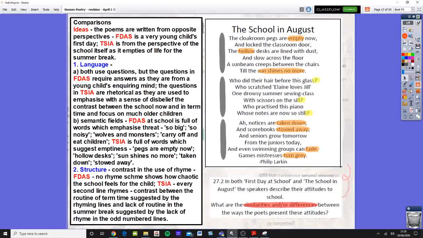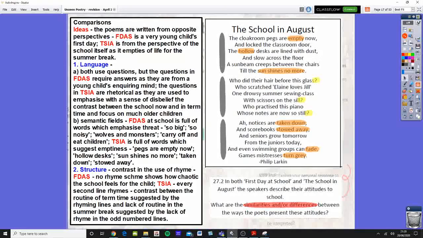Now, I always suggest to classes that when you're in the exam, if you can possibly talk about a structural feature, that is a good thing to do. Now, the obvious thing about these two poems is they both consist of 3 stanzas. You could talk about that representing the different times of the day if you wanted and say that's a similarity. But I would try and make a structural point that is a little bit more impactful.